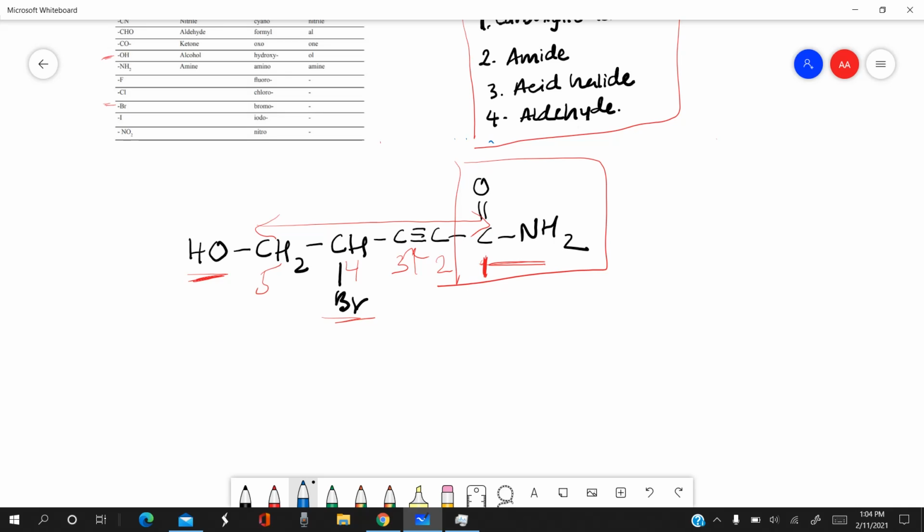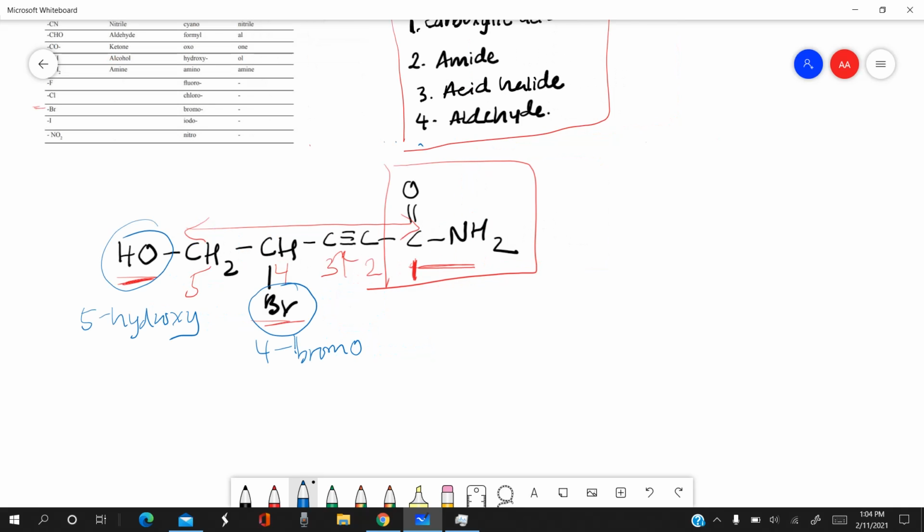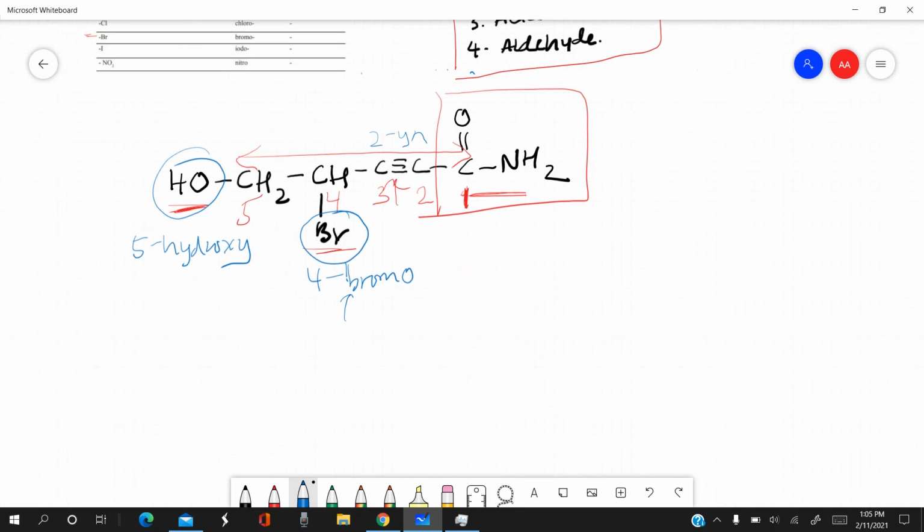Next, identify the groups. This is 4-bromo since it's attached to the 4th carbon, and this is 5-hydroxy, and this is 2-ine. So according to alphabetical order, B comes before H.